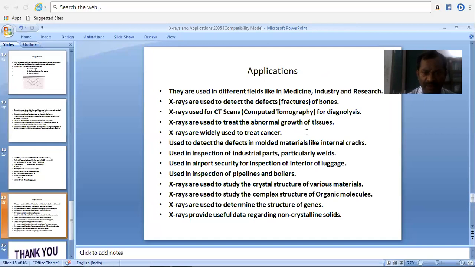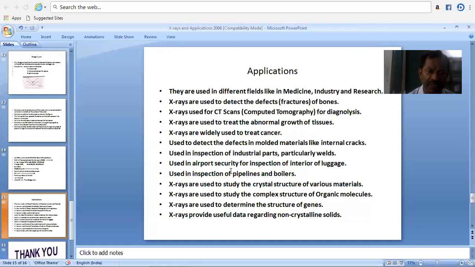Next, we will go for the applications in industries. X-rays are used to detect defects in molded materials, like internal cracks. They are used in inspection of industrial parts, particularly welds.